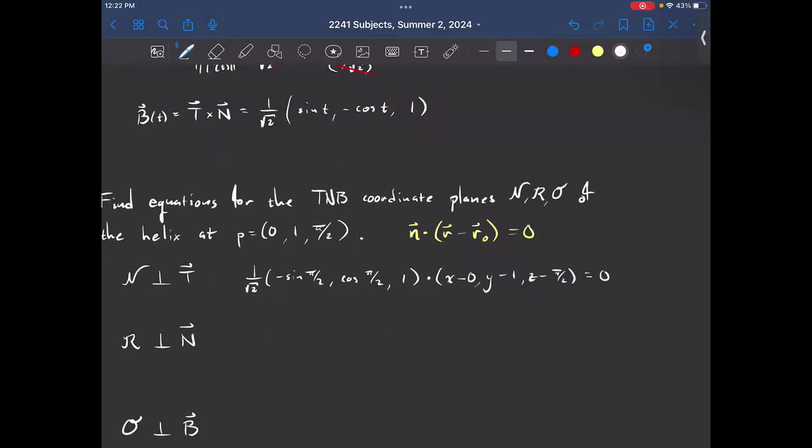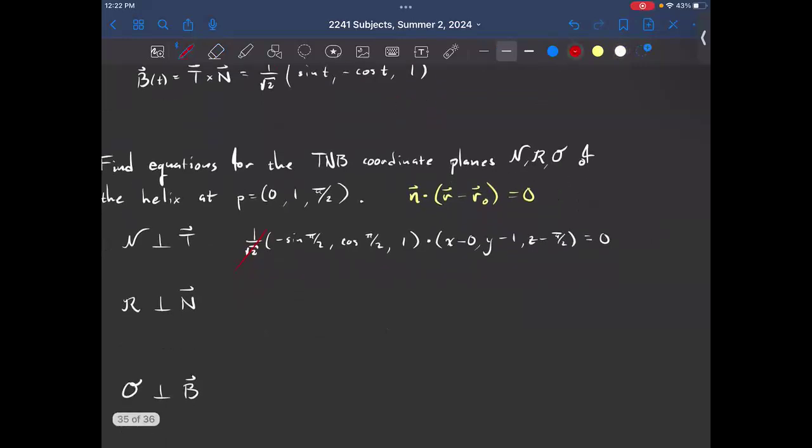Okay, well, we can ignore that 1 over root 2 by just multiplying both sides by root 2. And then sine of pi over 2 is 0. Cosine of pi over 2 is 1. Oh, other way around. Sine of pi over 2 is 1. Cosine of pi over 2 is 0. And then we just have our 1 coordinate right there.